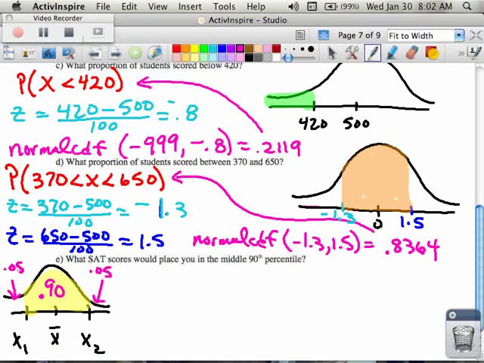So if you want to find that, you actually would need the z-scores for these two values. We haven't done this yet in our class, but there's a way on your calculator to find these values. So the way that you would figure that out is, for example, if I wanted this first value right here, I would go inverse normal, which is on your calculator, I believe it's second distribution.